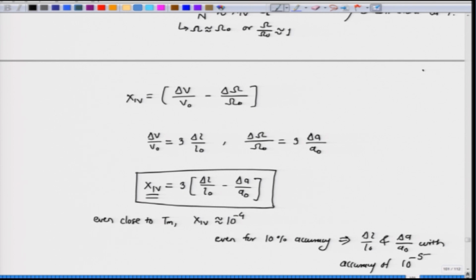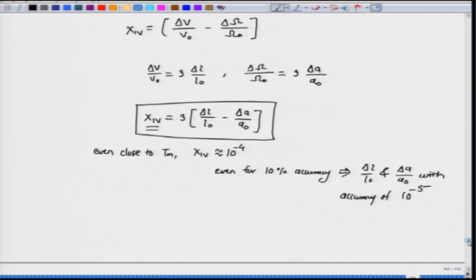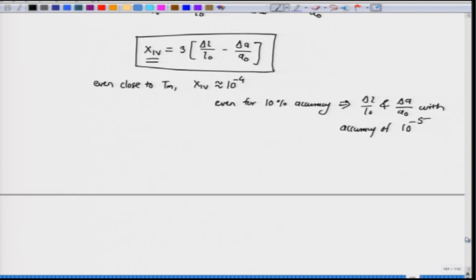That is when we have a very high vacancy concentration, about 10 to power minus 4, right. So, the measurements have to be done with very high accuracy.